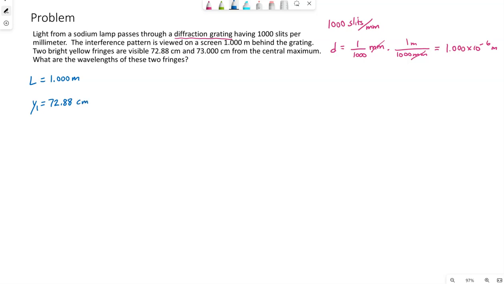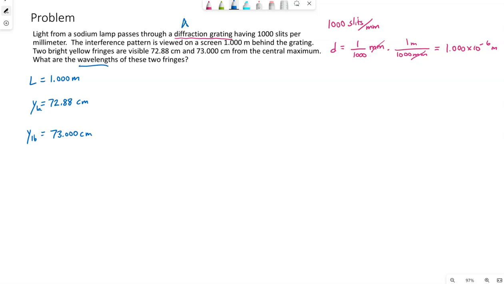One of them is located at 72.88 centimeters. I'll call that y1A. y1B is located at 73.000 centimeters. So we know the y values, we know L, we know d, we're looking for wavelengths.